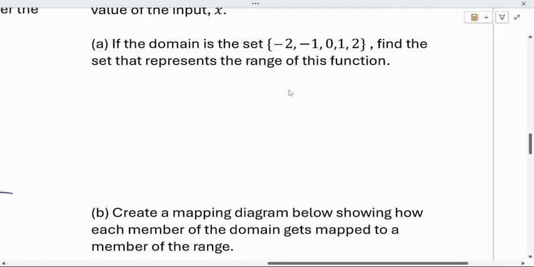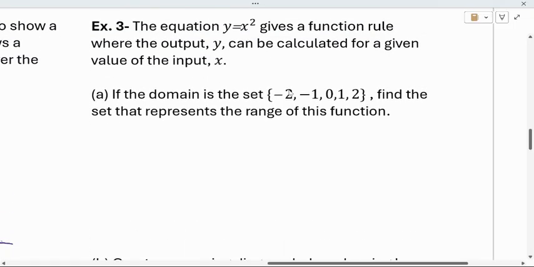So example number 3 says the equation y equals x squared gives us the function rule where the output y can be calculated for any given value of x. Here's your domain. The domain is just the set -2, -1, 0, 1, and 2.